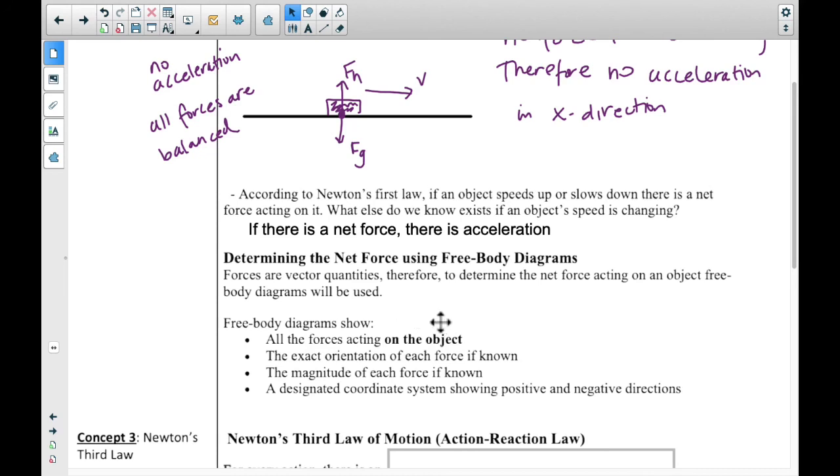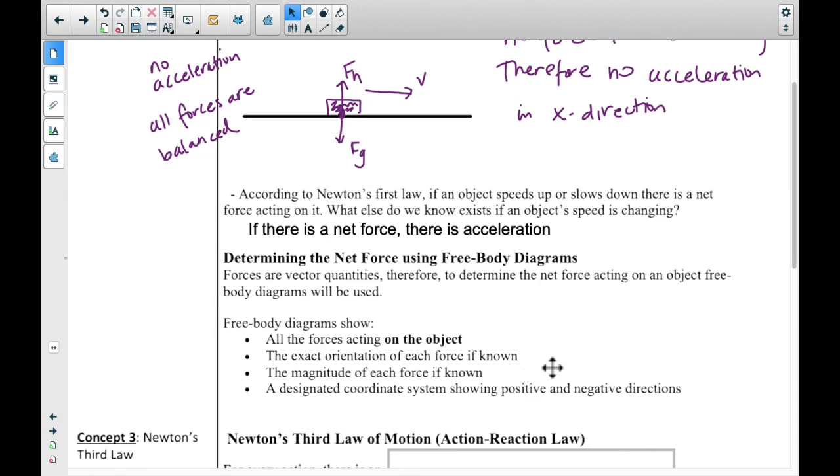Free body diagrams show all of the forces acting on the object, as well as the exact orientation, like up, down, left, right, or maybe at an angle, the magnitude of each force, and that's represented by the length. The length of the vector tells you how big it is, how much force it has.